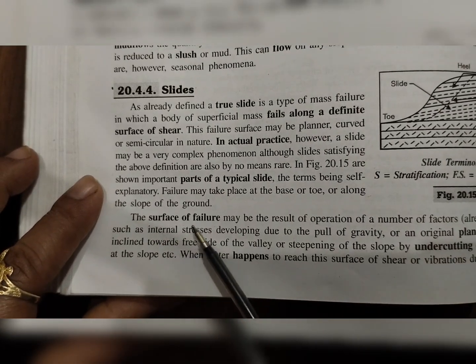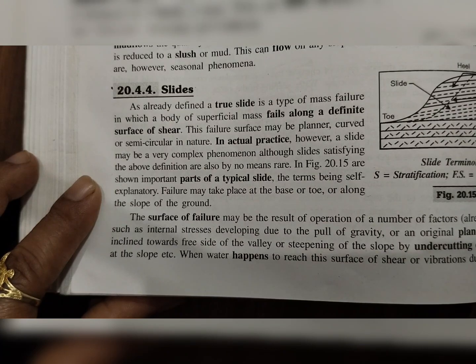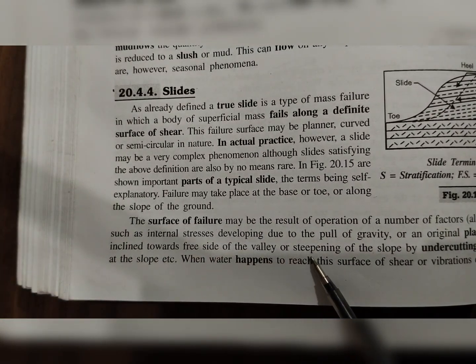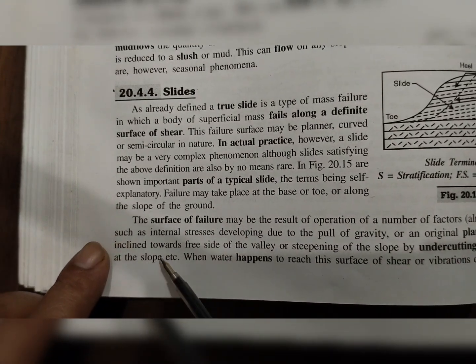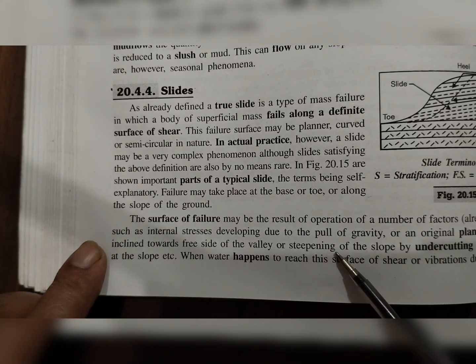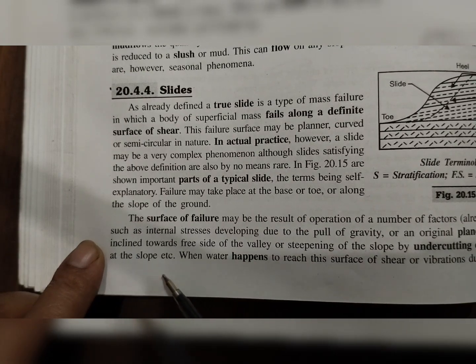The surface failures may be the result of the operation of a number of factors already discussed, such as internal stresses developing due to the pull of gravity, or an original plane of weakness inclined towards the free sides of the valleys, or steepening of the slopes by undercutting or overloading at the slopes.